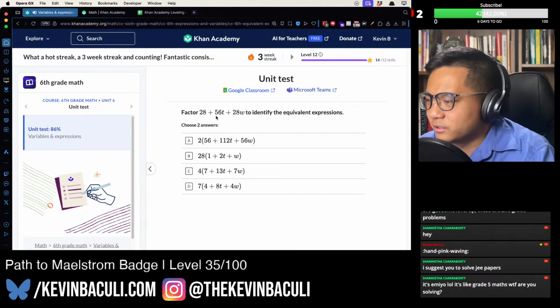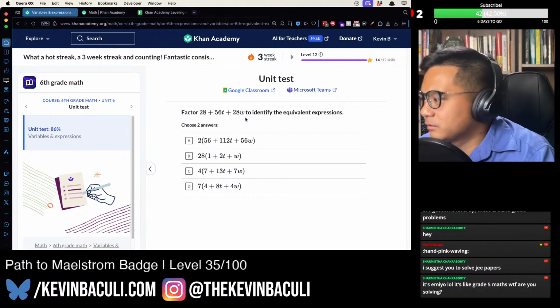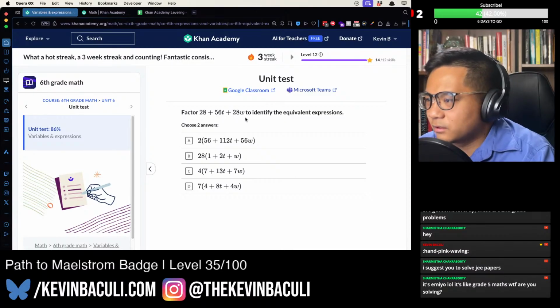Factor 28 plus 56t plus 28w to identify the expressions. Plus 2t. That's one of them. You can factor out a 4. Just no t and the w.